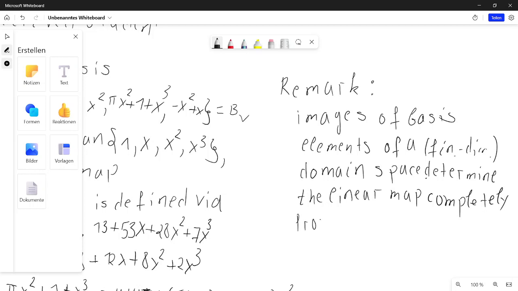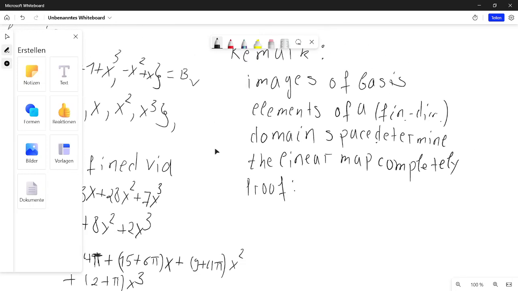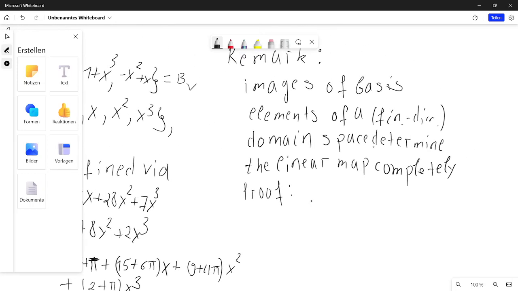Proof. Well, the proof is just by linearity, by the linearity of the map. So L of V. I don't write it formally because it's just too obvious.